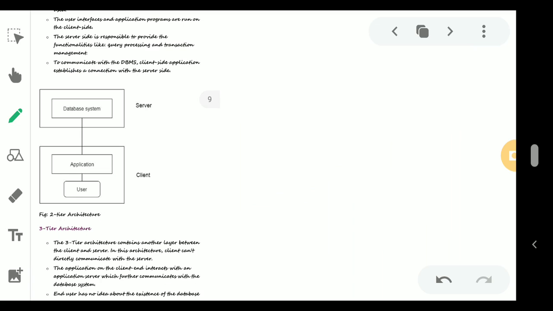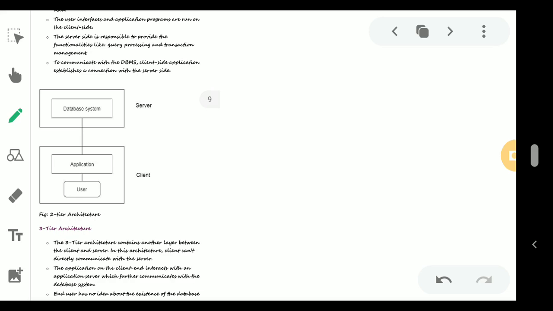The server side is responsible for providing functionalities like query processing and transaction management. To communicate with the DBMS, a client-side application is established, which is connected to the server side. The main difference between tier 1 and tier 2 is that in tier 2, one application program has been built so that the user can directly interact with the server. But in tier 1, no such application program is developed.